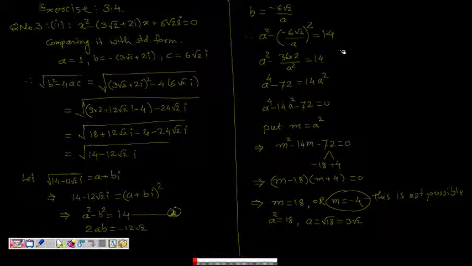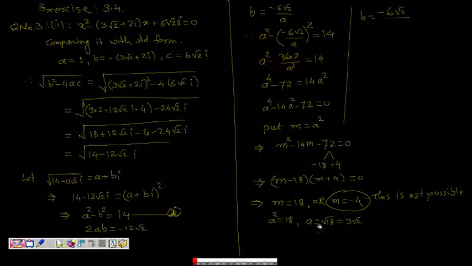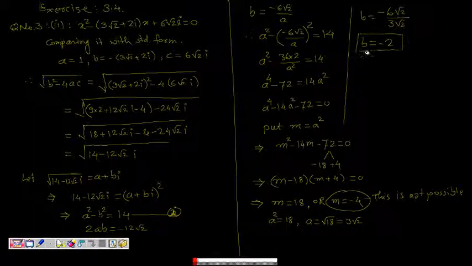Now here you can see the value of b is minus 6 root 2 divided by a, but what is the value of a? 3 root 2, so we get minus 2, so this is the value of b. Therefore I can say this value root of 14 minus 12 root 2 i, है ना?